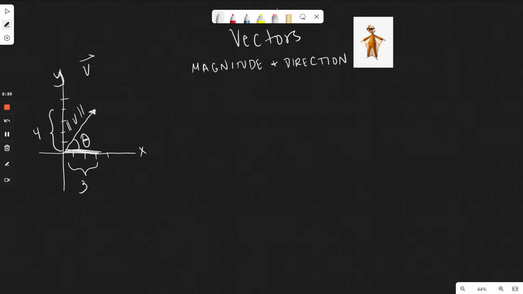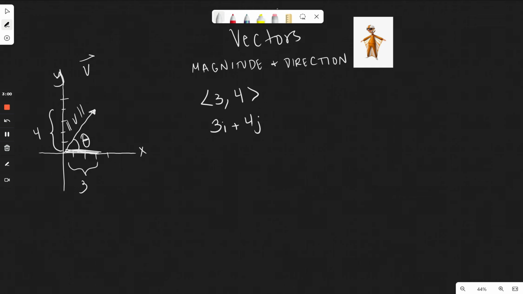So if we were to write this, we could write it as <3, 4>, where it's kind of like a point, except it's not a point, because instead of parentheses, there are these angle brackets. So it's like your x and then your y. And then you can also write it as 3i plus 4j, which is just kind of the standard notation for vectors. Don't ask me why it's i or j, but it just is.